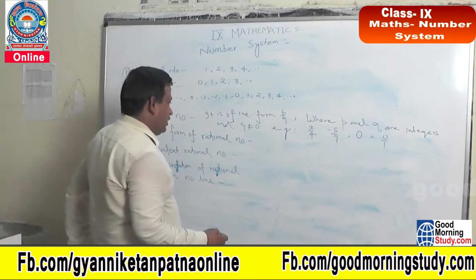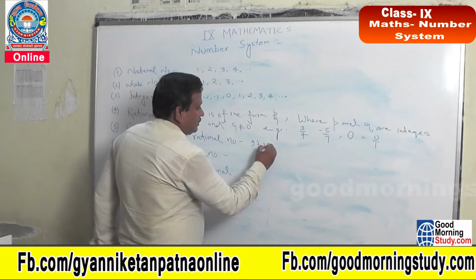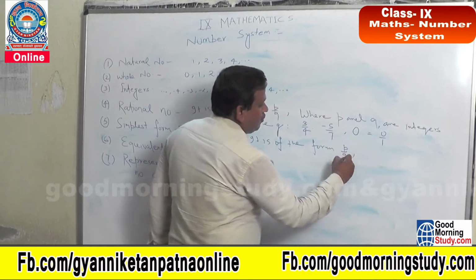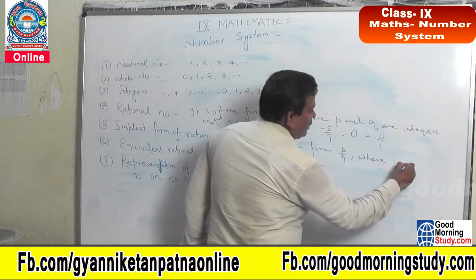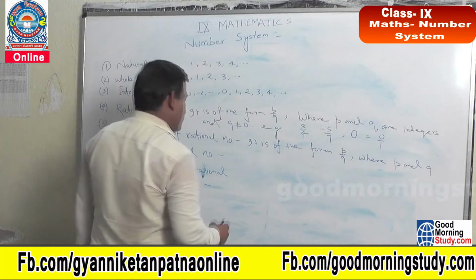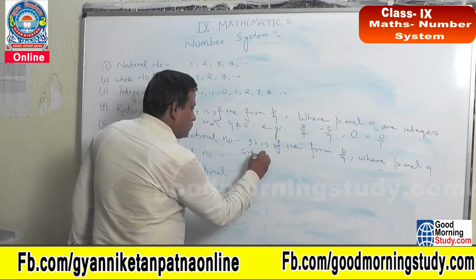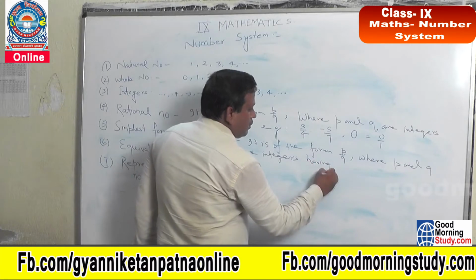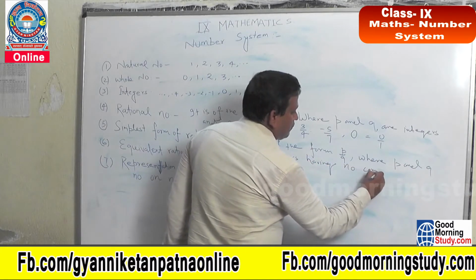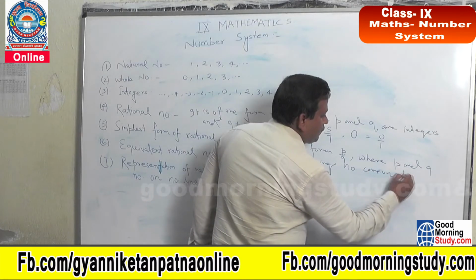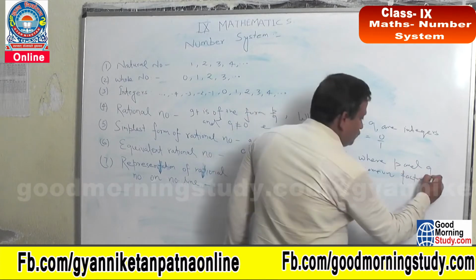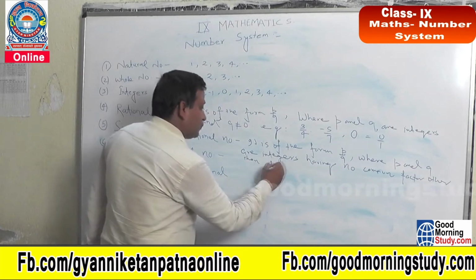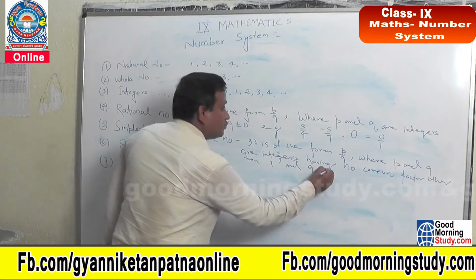It is also of the form p by q, where p and q are integers having no common factor other than 1, and q is not equal to 0.